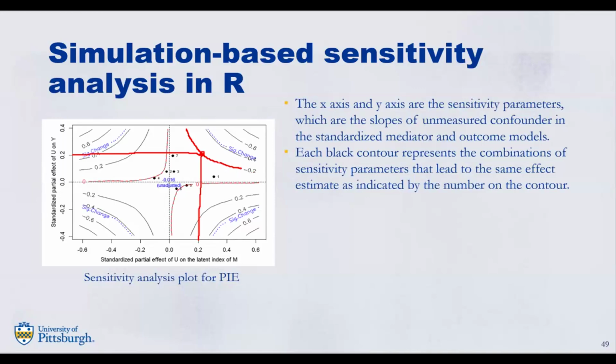Similarly, when the x-axis is 0.4 and the y-axis is around 0.1, we get another conditional distribution of U and draw U from it. We get that the adjusted effect estimate is also -0.2. Then we connect all of the dots at which the adjusted effect estimates are -0.2 so that we can get this contour. And similarly, we can get all the other contours here.